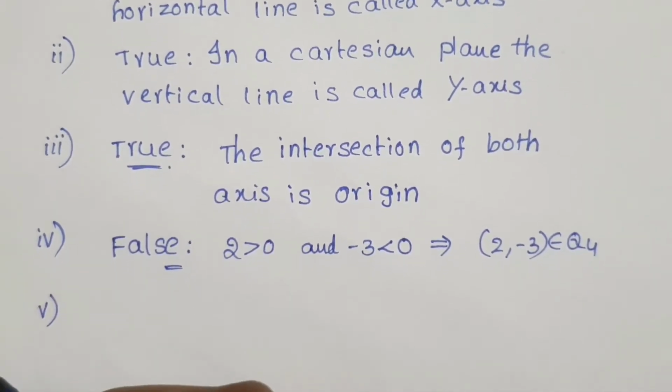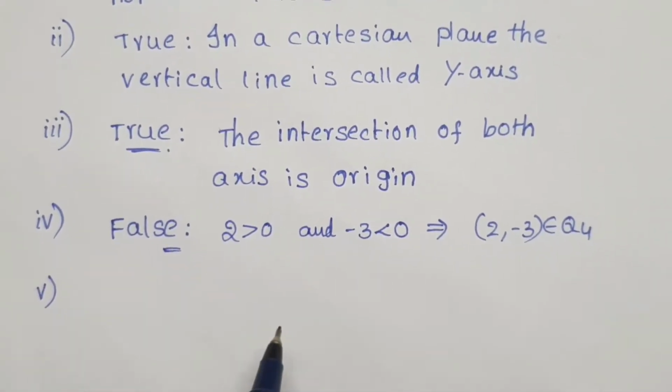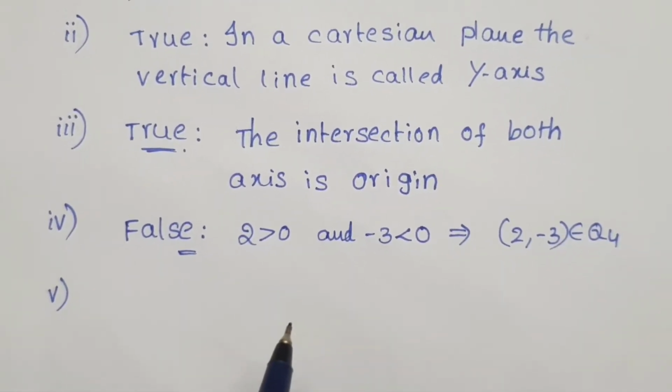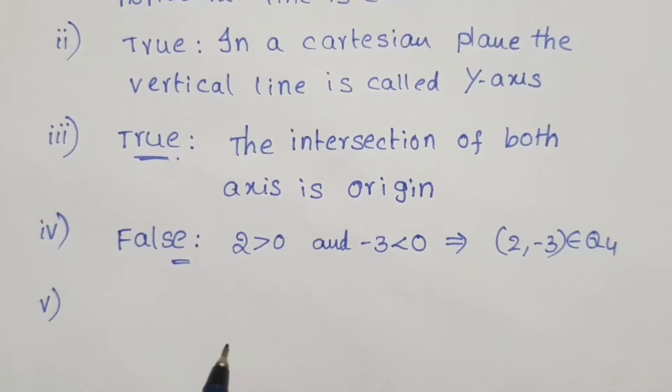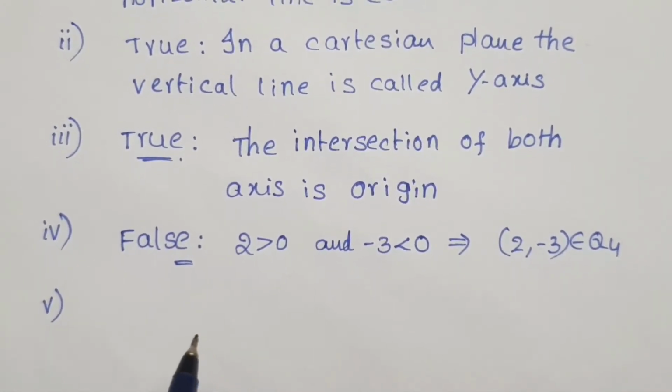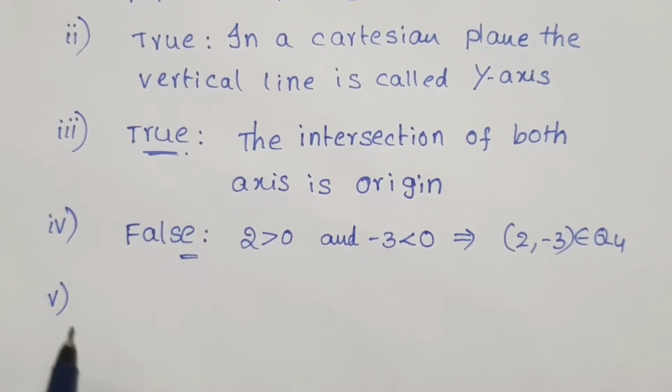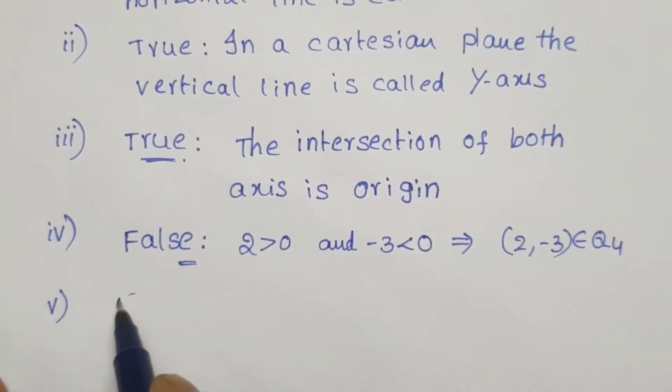Next, fifth question. (-5, -8) lies in the fourth quadrant. So we know that before only in concept first part, both are negative. (-5, -8) belongs to Q3. But they said fourth quadrant. This is false.